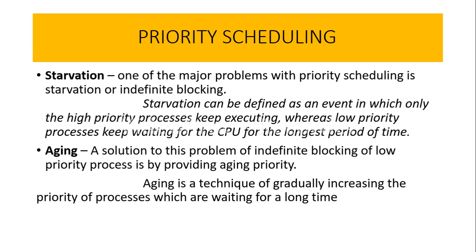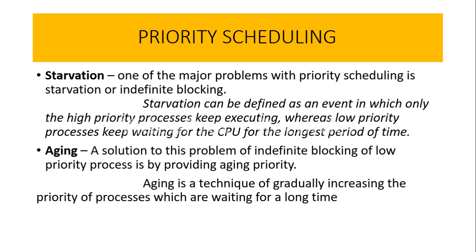If you have low priority processes, those processes will keep on waiting for a longer period of time, hence resulting in starvation. Starvation is also called indefinite blocking. That means we are blocking certain processes because they do not have higher priorities.